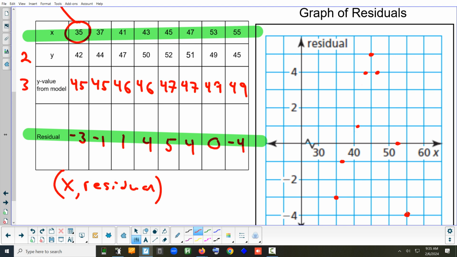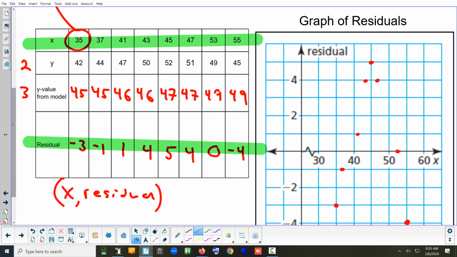How many were right on the line? 1. So we have about an equal number above and below, 4 and 3. We have 1 right on it, and the highest residual we had was only 5 off. If we had residuals that were like 20 or 30 off, then I'd say that's pretty bad. But overall, that's pretty good.